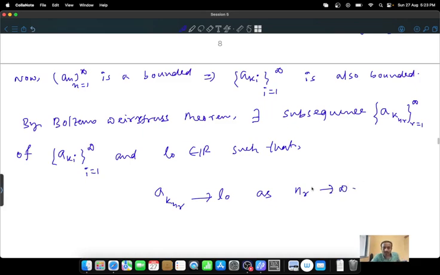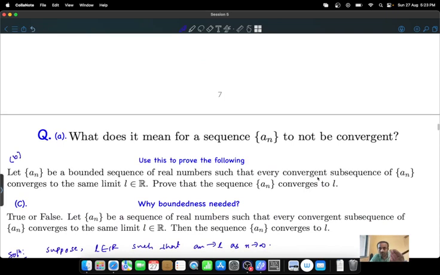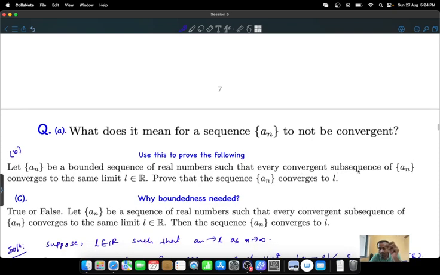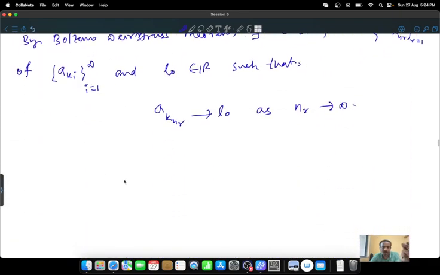Now come to the second hypothesis, that whatever convergent subsequence you take, again be careful that it is not saying about all subsequences, it is saying only about convergent subsequences. So whatever convergent subsequence you take, it converges to the point L. So that means L naught has to be L, no other choices.